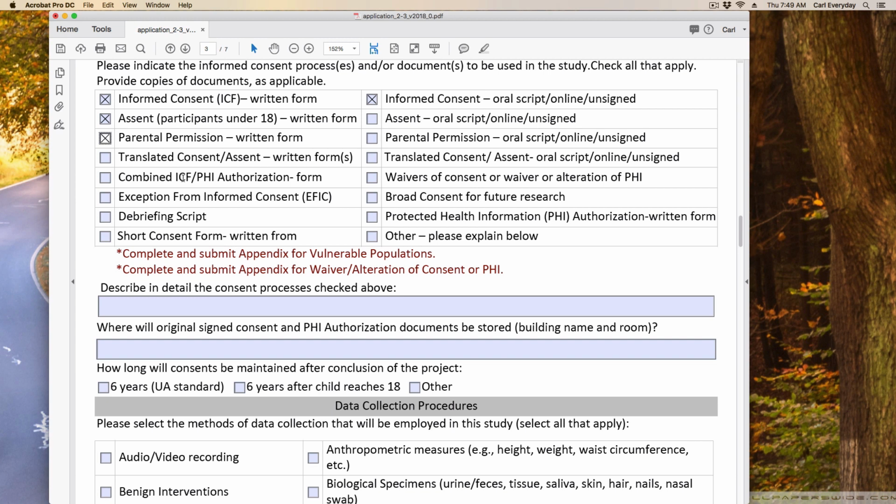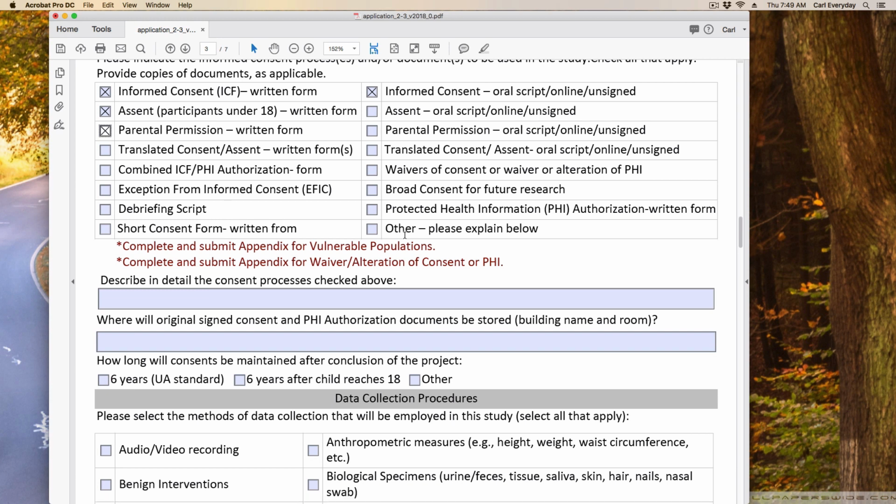And there are others. There's a long range of possibilities for consent, and they start to head into other medical areas too. However, you'll notice here they remind you to complete certain appendices, right?